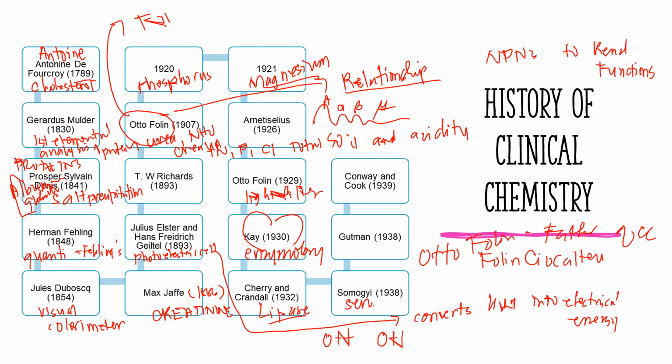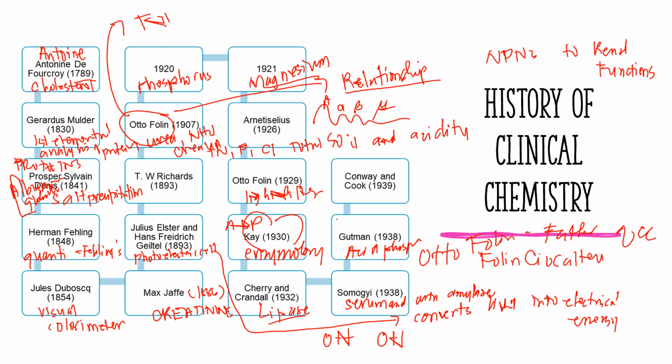Also in 1938, we have Gutman, who developed the test for acid phosphatase, in contrast to alkaline phosphatase, ALP.